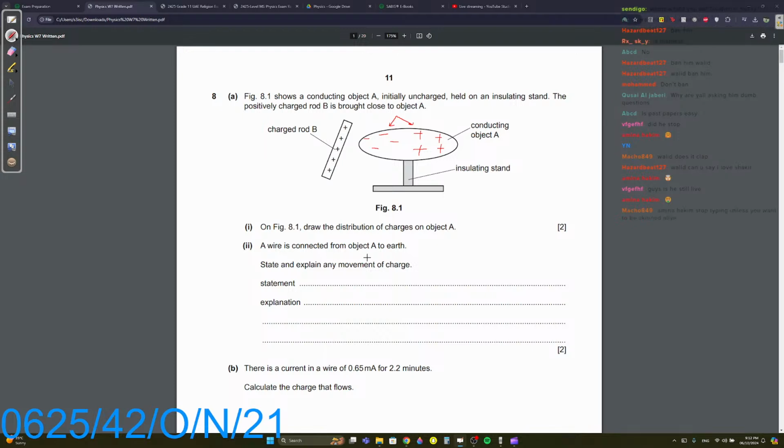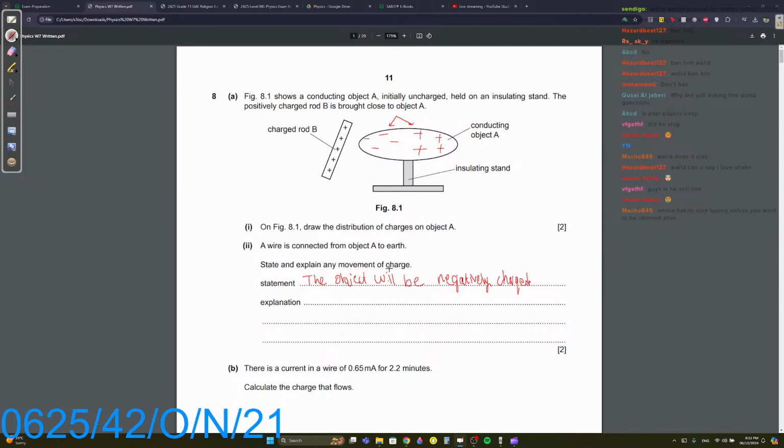Part II, a wire is connected from object A to Earth. State and explain any movement of charge. What's going to happen is that the object will be negatively charged.